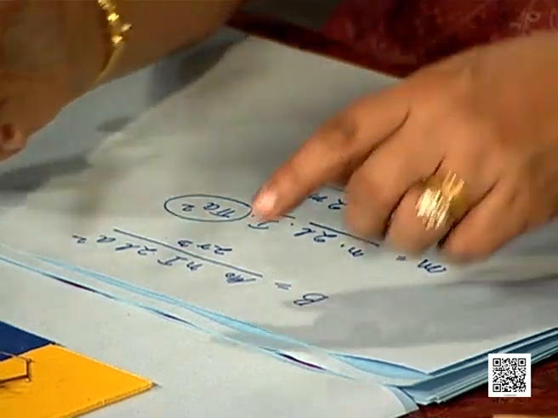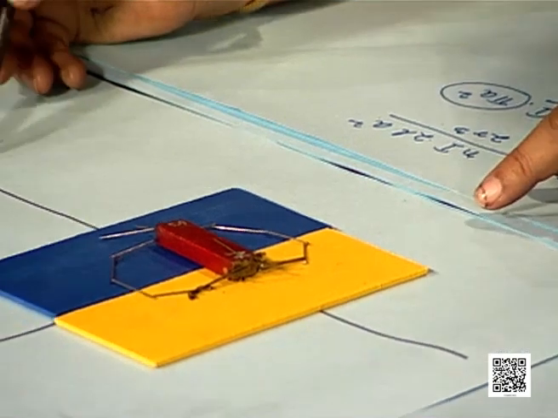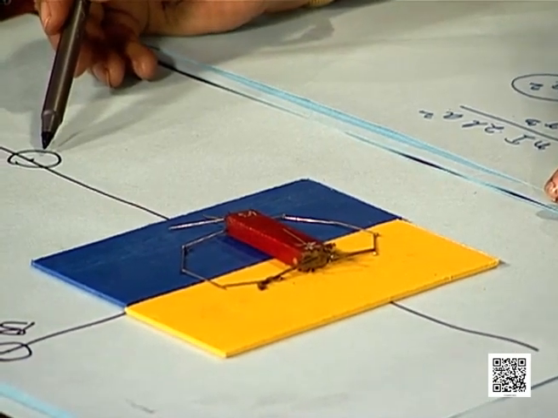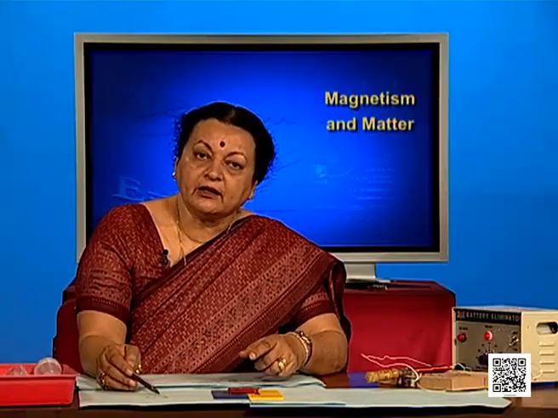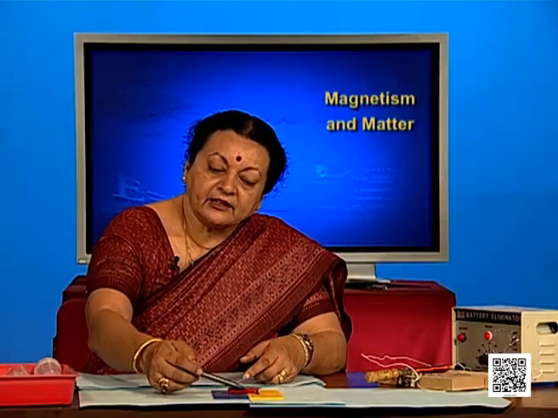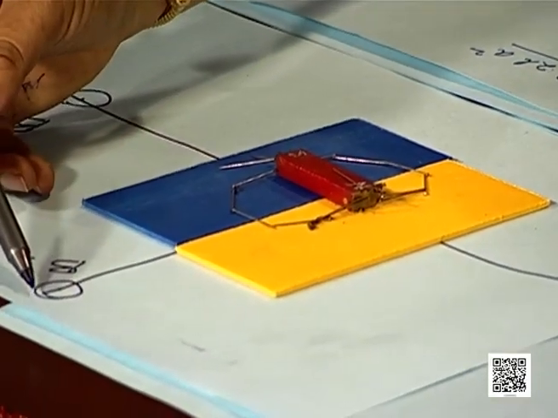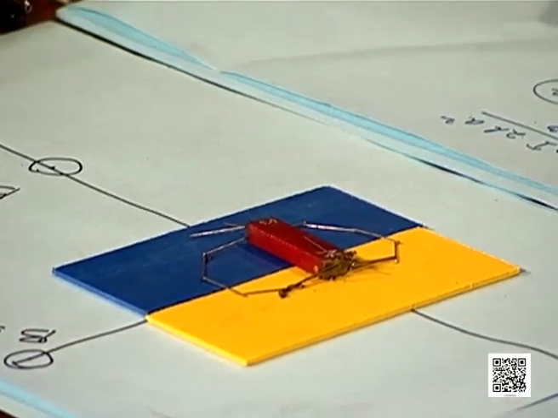If you relate this value for the magnetic intensity with that of an electric dipole, you can then say that the value along the equatorial line would be exactly half of this.